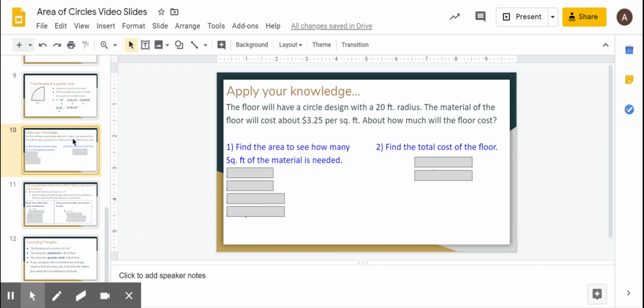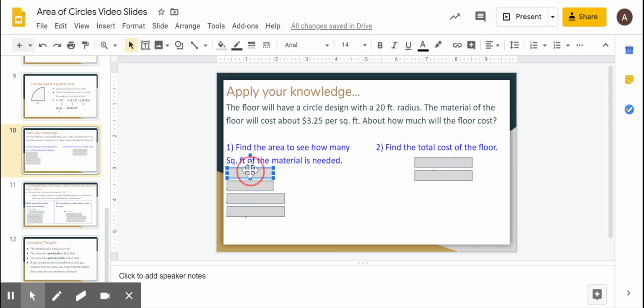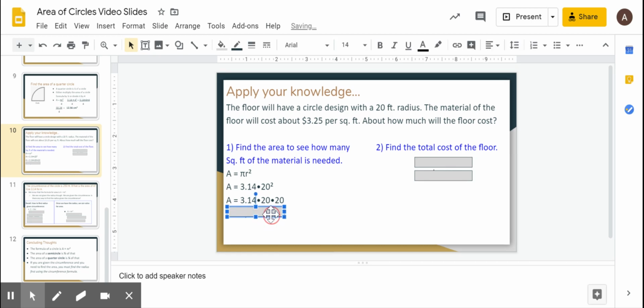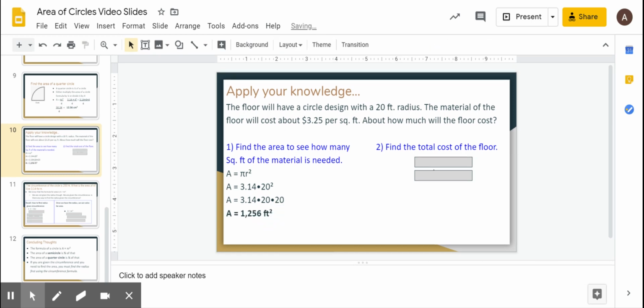So let's use our area formula. Area equals pi r squared. We know that the radius is 20, so 3.14 times 20 squared, which is 3.14 times 20 times 20, which will end up getting us 1,256 square feet.